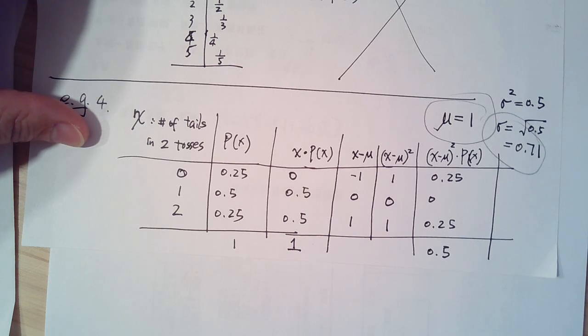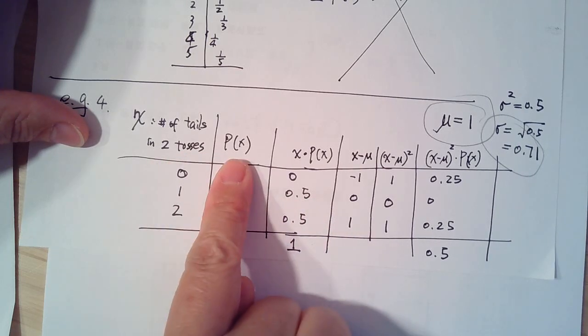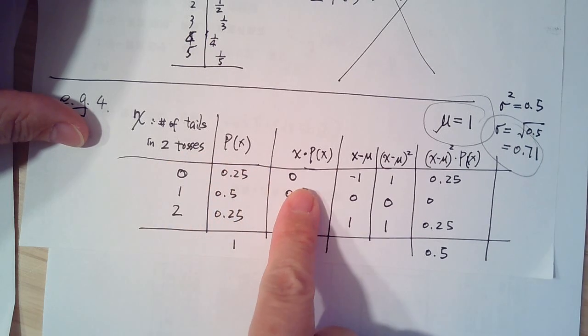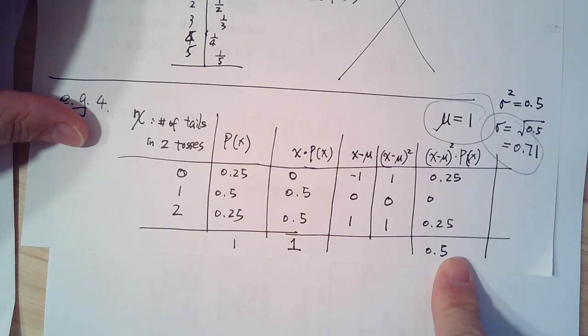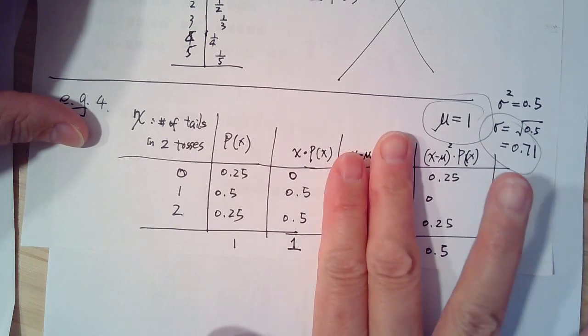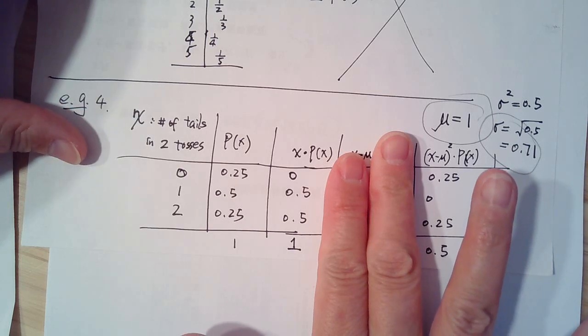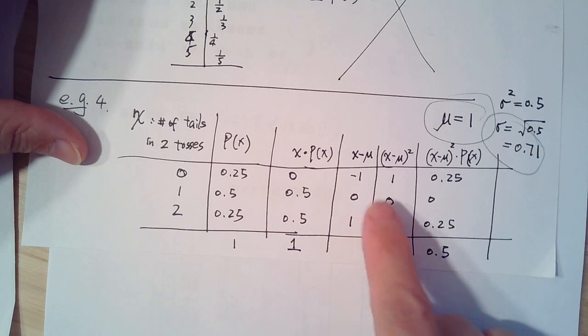The way to find a mean is you use x multiplied by the probability. You get a new column, add up, you get a mean. In order to get a standard deviation, you really don't need these two columns. I just put them there to show you my work step by step, but you can do this directly.